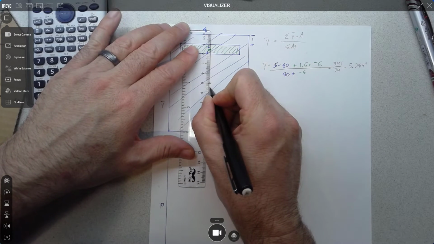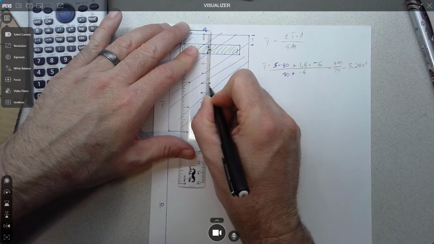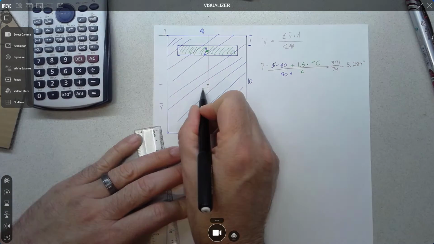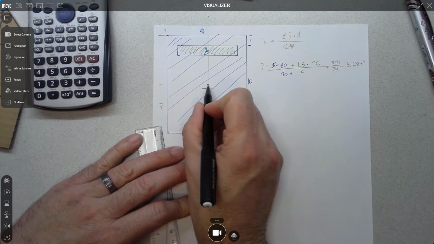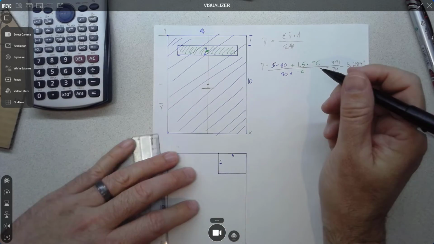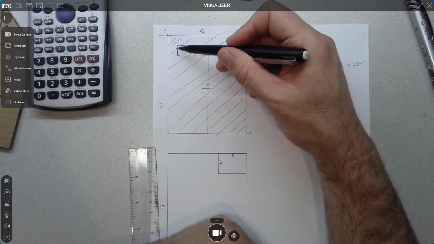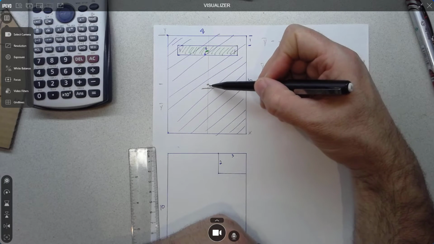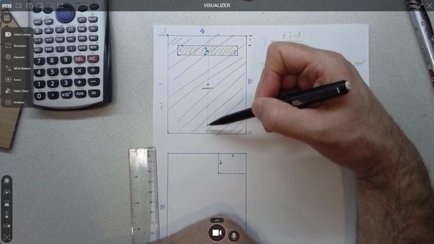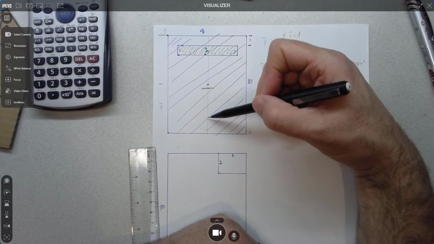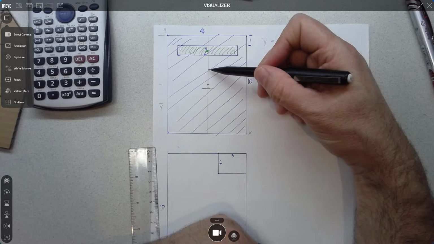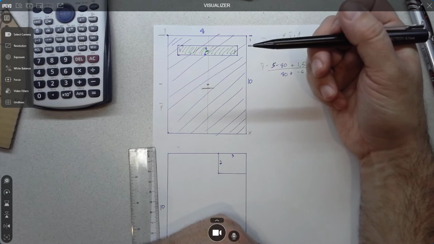So the composite centroid is right about there. There's the original, here's our composite centroid. You can see that by subtracting this area, we had to move our balance point a little towards the bottom of the shape so that a little more of the area on the top can make up for the area we got rid of.